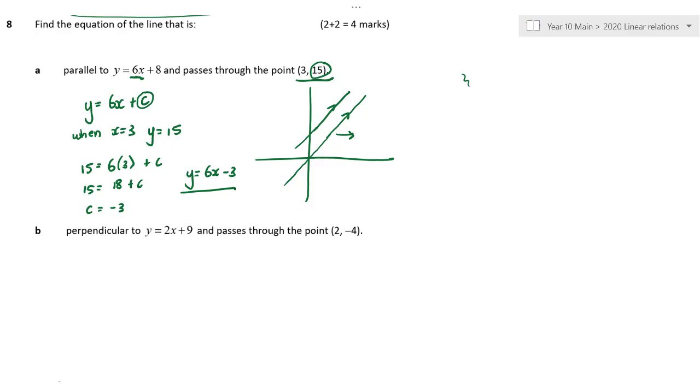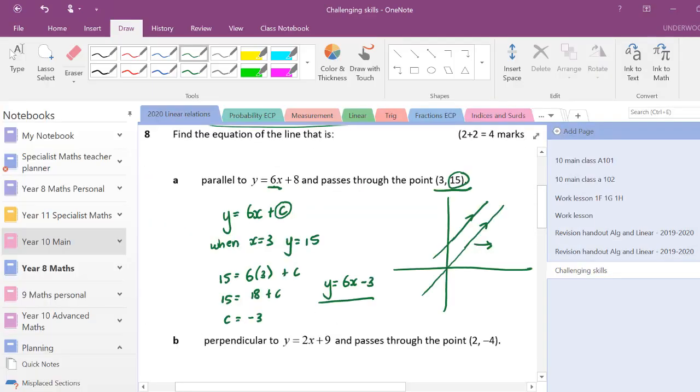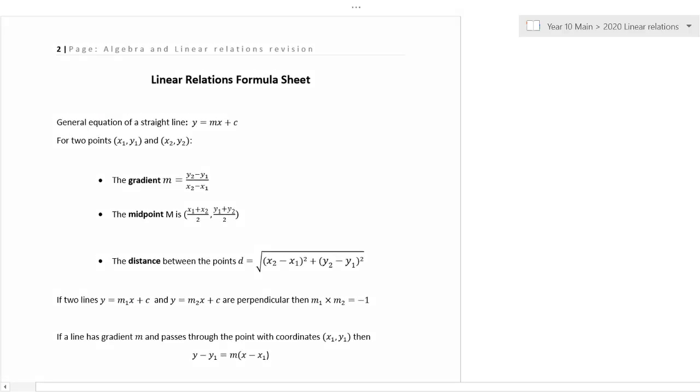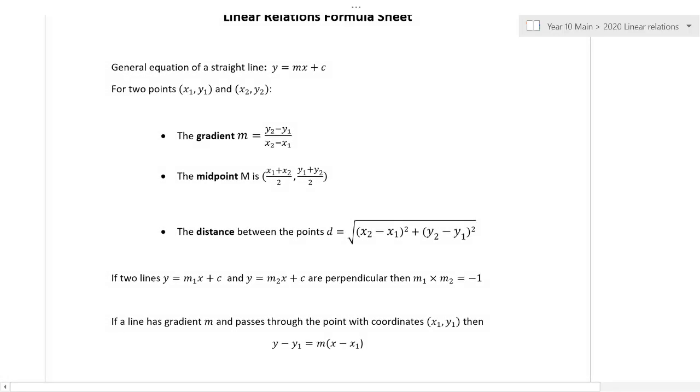Now, I would say that finding the equation of a parallel line is far easier because we already have the gradient given. Just remember, when you go back, I'm going to show you page 2. Your formula sheet is going to look something like this. This is exactly what your formula sheet is. You open up your test and you'll see this.